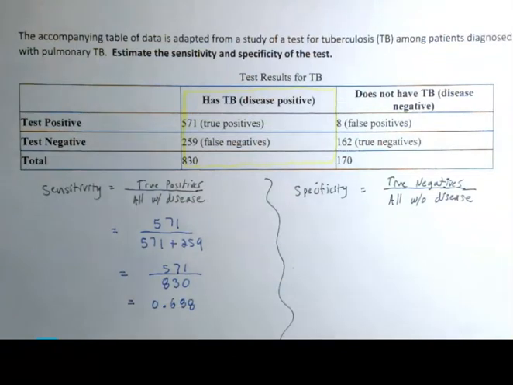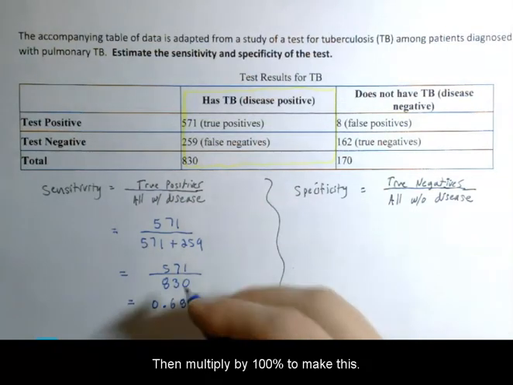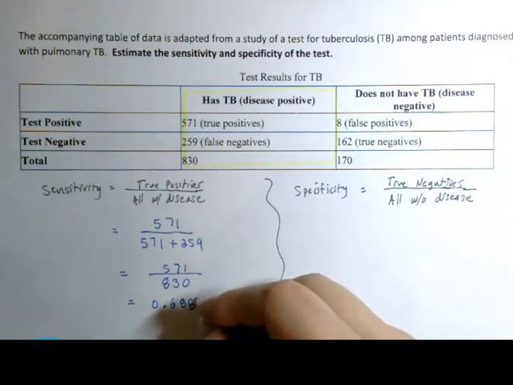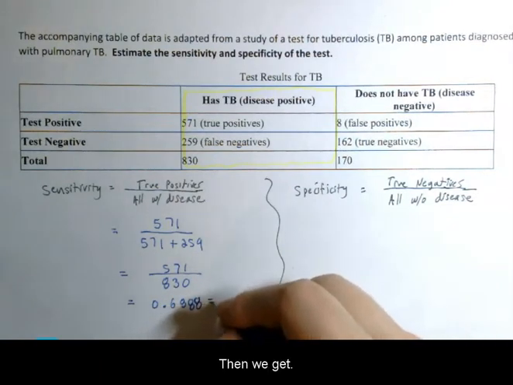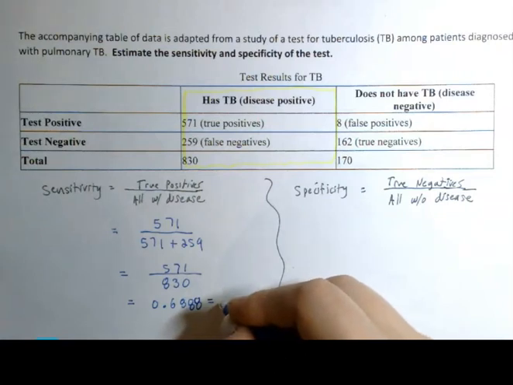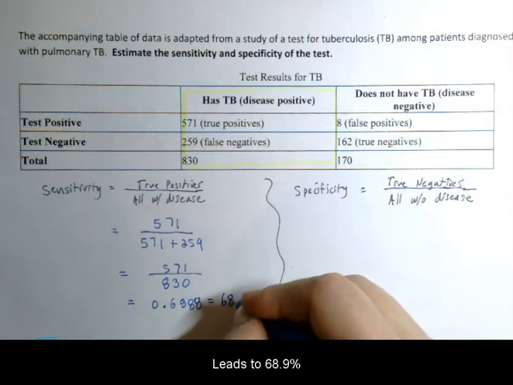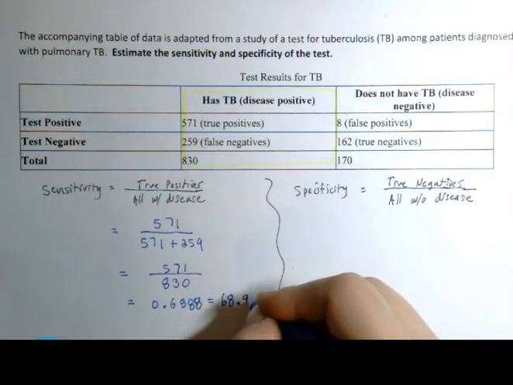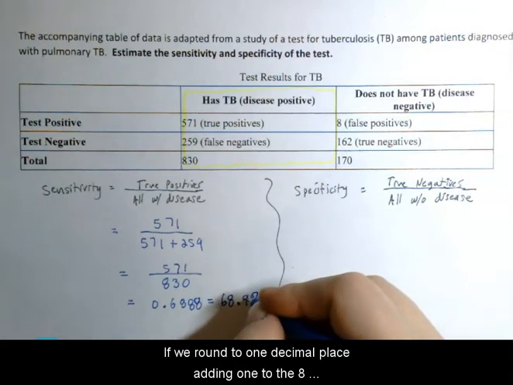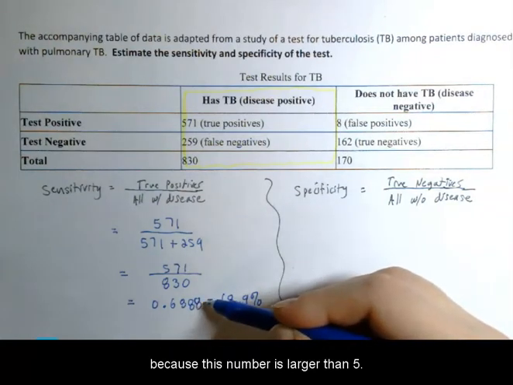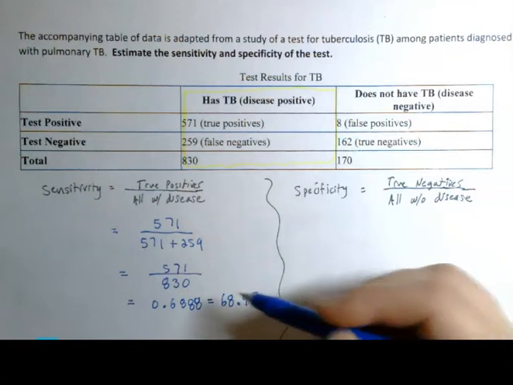0.688, which we multiply by 100% to make this a percent. Another 8 there. Then we get to move the decimal 2 places to the right, which leads to 68.9% if we round to 1 decimal place, adding 1 to this 8 because this number is larger than 5.